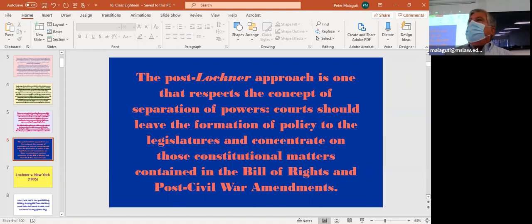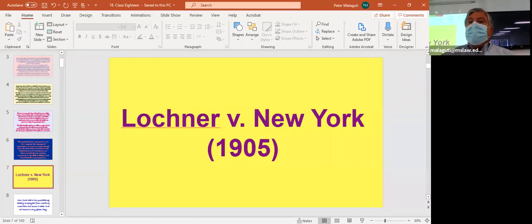And that's essentially the reason why we have the three-tier scrutiny that we have today. And you're going to see that in these individual rights, sometimes there's a three-tier scrutiny, sometimes there's a two-tier scrutiny, okay? And there are slight differences behind the types of scrutiny that we give, but it's pretty much based on the same concept.